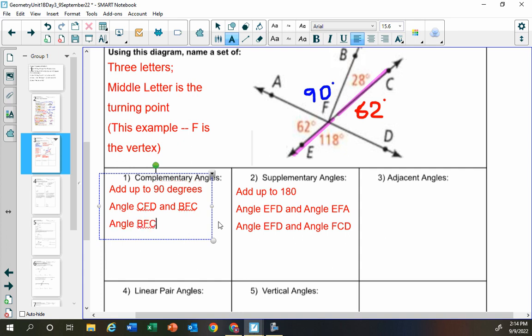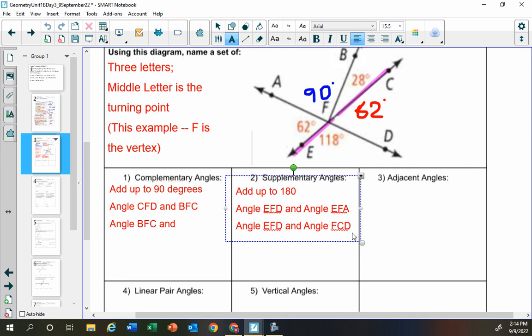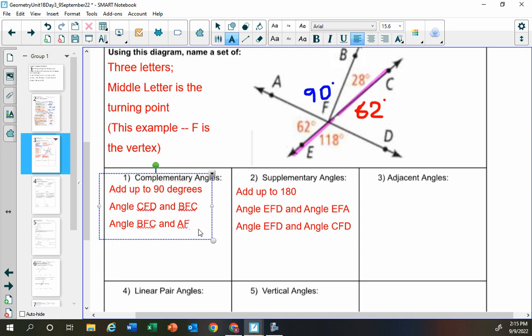For supplementary angles, you put FCD. Oh, you're right. I mean CFD. Yep. I got to change that up. Very good. Yep. Good catch. Yep, because F had to be in the middle every time. You're right. Good job.